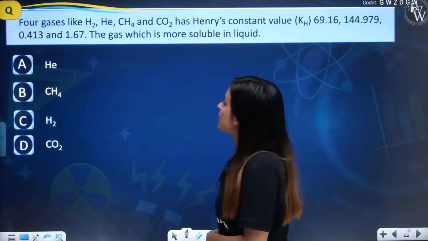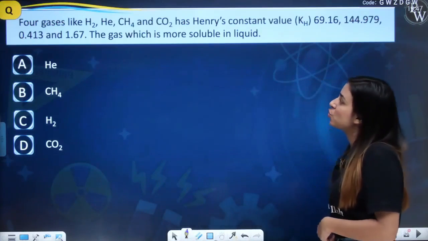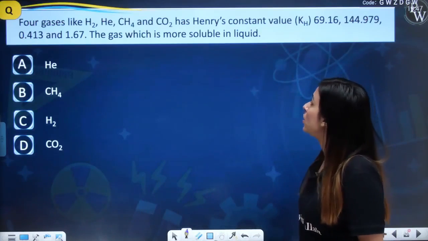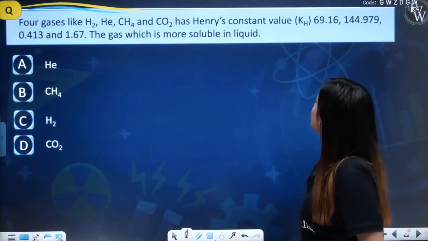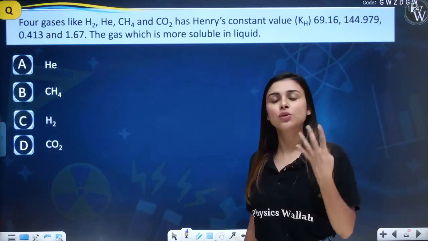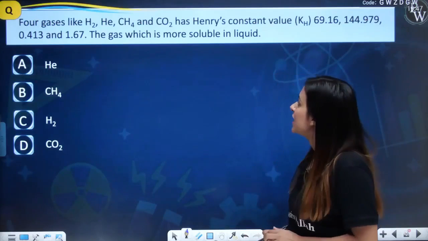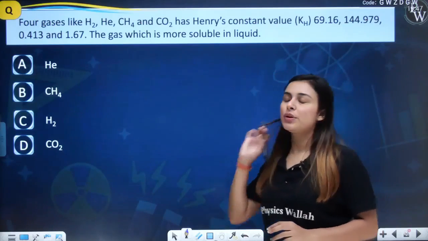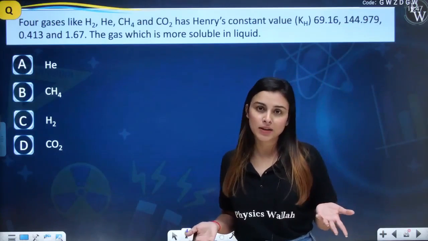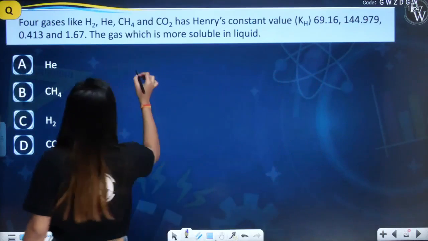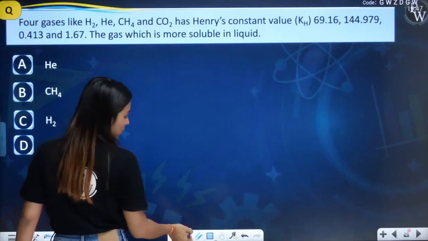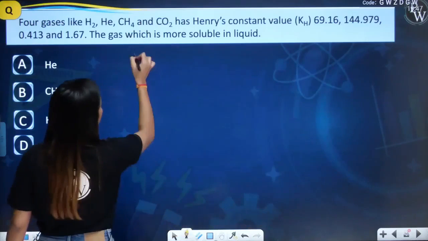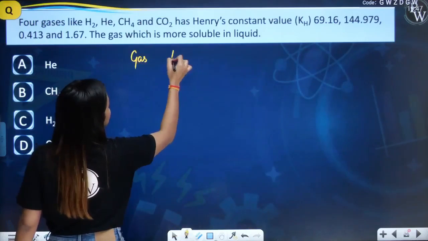Okay. So the question says 4 gases like H2, helium, CH4 and CO2 have Henry's constant values. You are given 4 different gases and you are given 4 different KH values. You have to tell the gas which is most soluble in liquid. So first I'll write all the gases. I'll write here gas, I'll write KH.